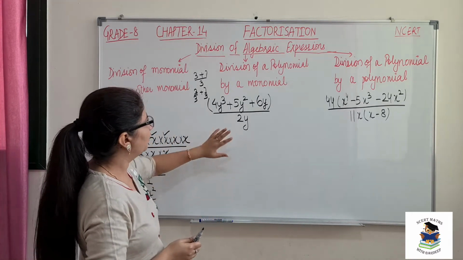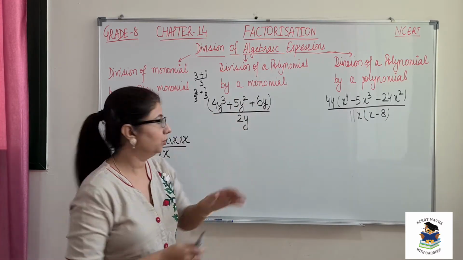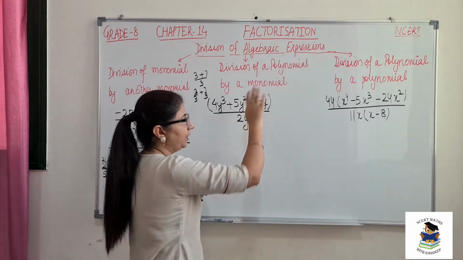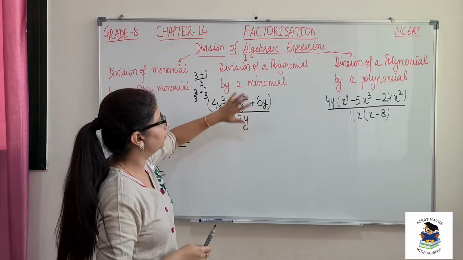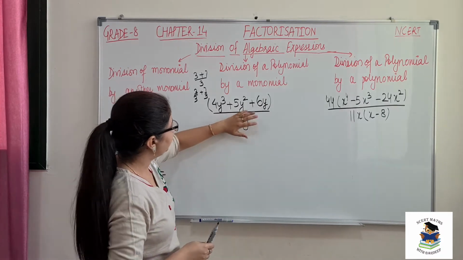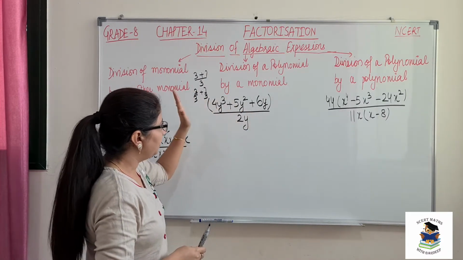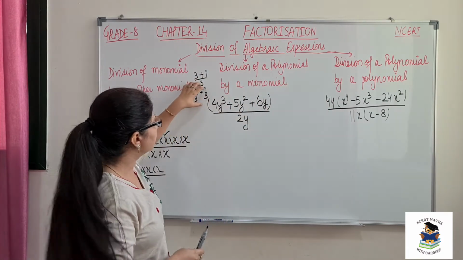Okay, so what is the problem here? You cannot cancel this 2 with 6 and y with y. No, that is 2y and 6y cannot be cancelled and answer will be 3. We cannot cancel denominator with any one term, because this denominator is a denominator for each term of the numerator. Like this I have explained.